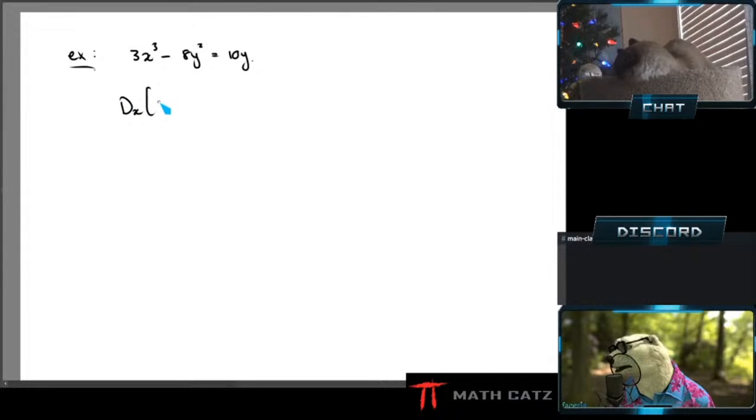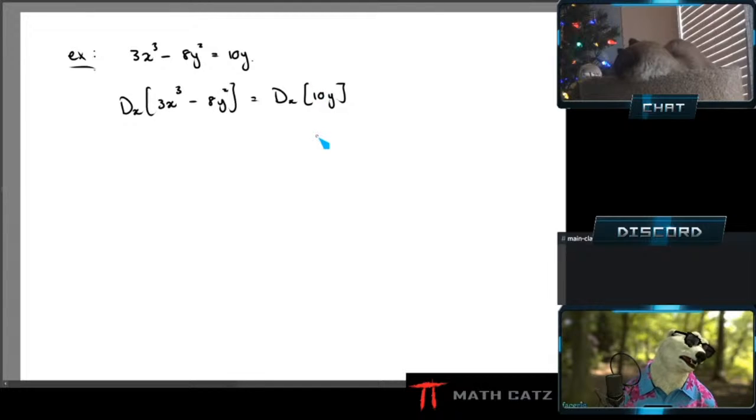So implicit differentiation: derivative of the left, whatever the left is, equals derivative of the right-hand side, whatever that is. Now my goal, remember, is to find dy/dx. Okay.